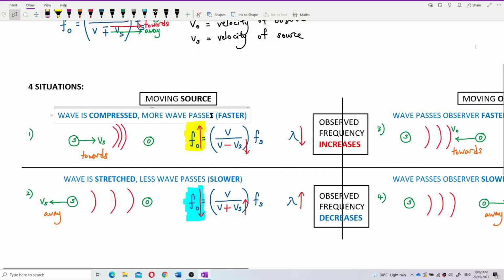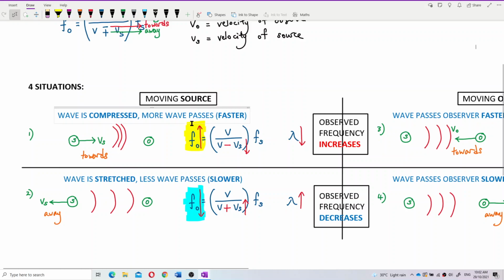That means the waves pass the observer faster. As a result, the frequency heard by the observer increases. So you can imagine, when the source is moving towards the observer, the wave is compressed, more waves pass through the observer faster, and so we hear the frequency increase.